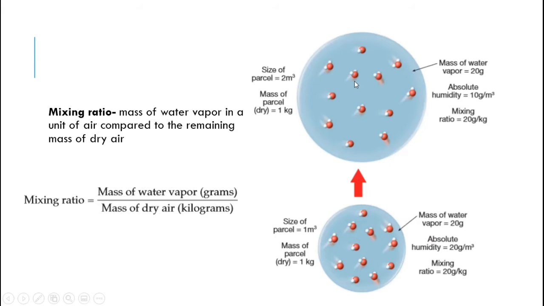But unlike for the mixing ratio, even though you have smaller volume of air here, or a smaller parcel of air, and then you have a higher volume of parcel of air here, mixing ratio are the same. Because mixing ratio is the mass of water vapor compared to the mass of dry air. So mixing ratio here is 20 grams per kilogram. So it's also the same, 20 grams per kilogram, even though you have different volumes of parcel of air. Take note of that.